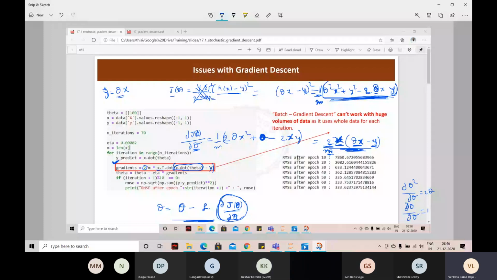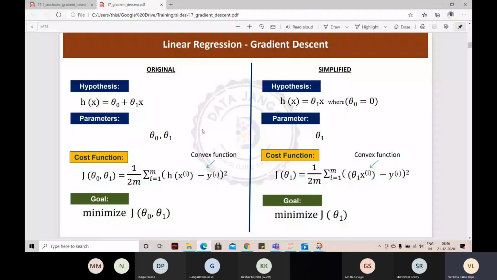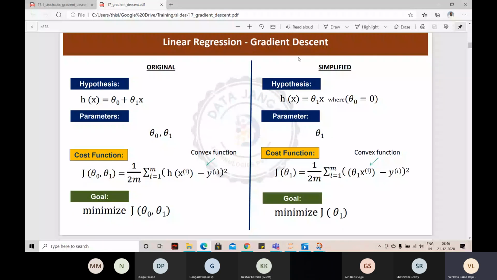If you see the cost function, 1 by 2m we took here to cancel the 2. Whatever 2 we are getting while calculating the gradient, to cancel the 2, this is actually Andrew Ng's formula. He took 1 by 2 so that the 2 gets cancelled. Only 1 by m is going to be there, even in the gradient calculation.